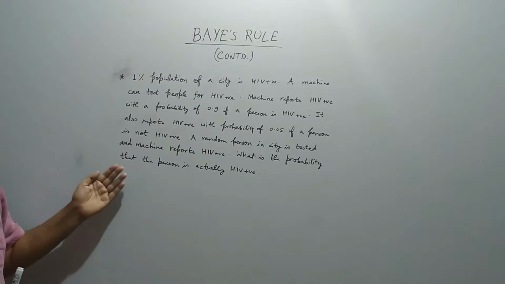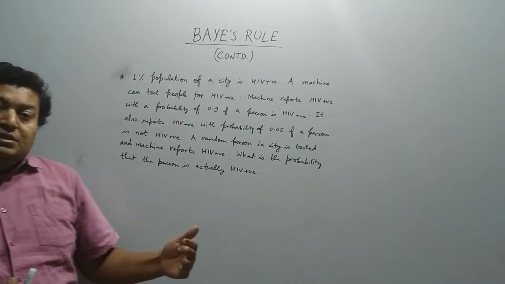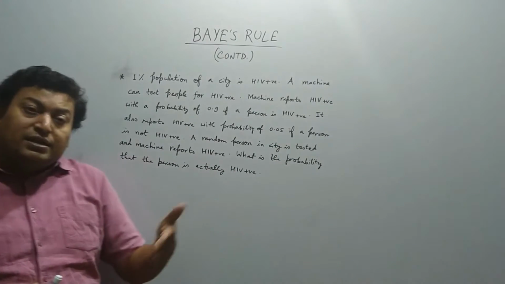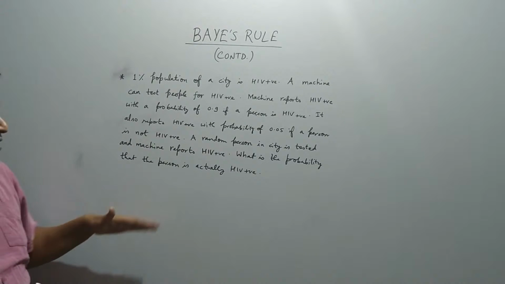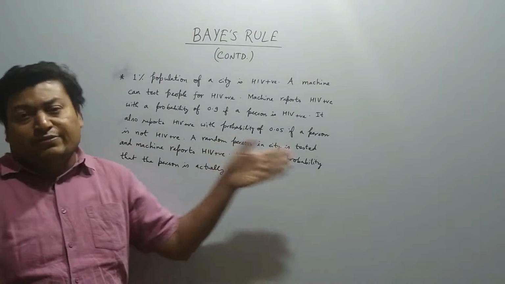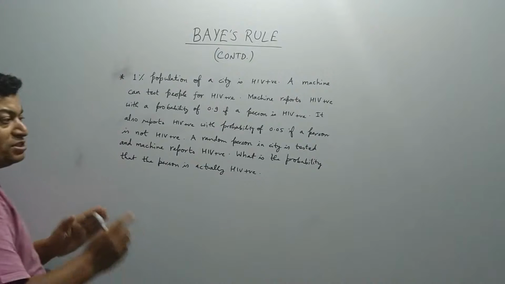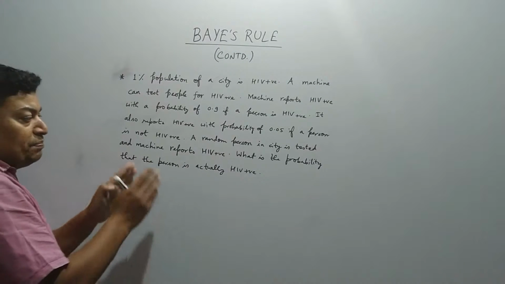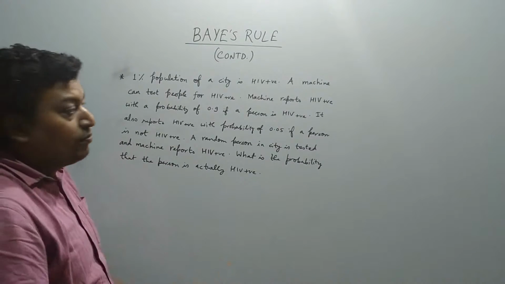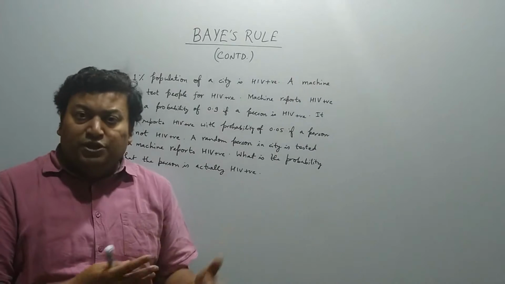It can give a result HIV positive in both cases: a person is actually HIV positive, or that person is not HIV positive. Even in that case, machine can declare that it's HIV positive. So the question here is, given that machine declares HIV positive, what is the probability that person is actually HIV positive?